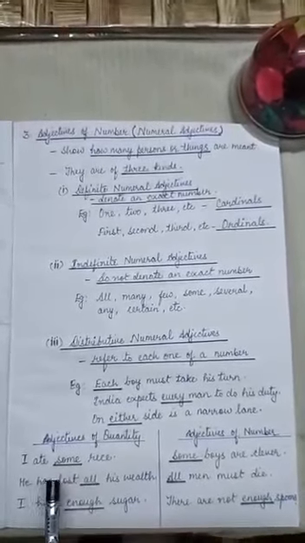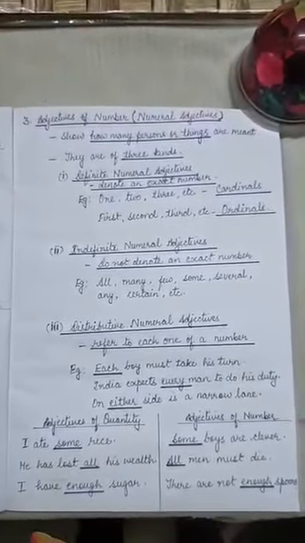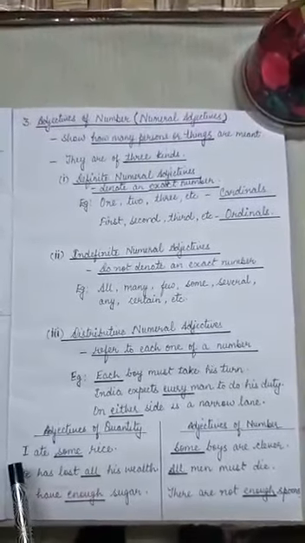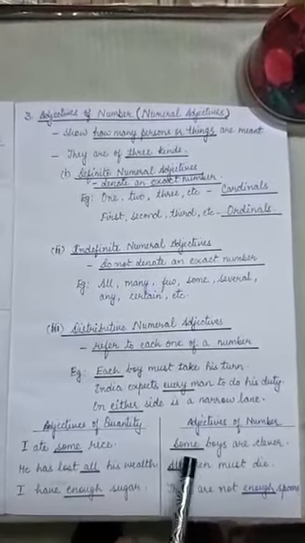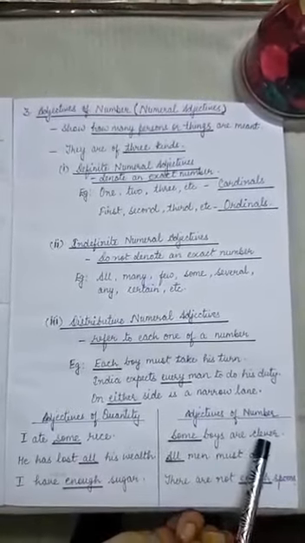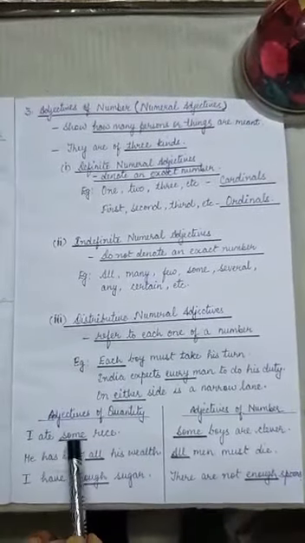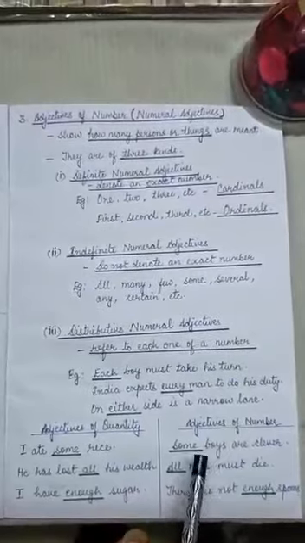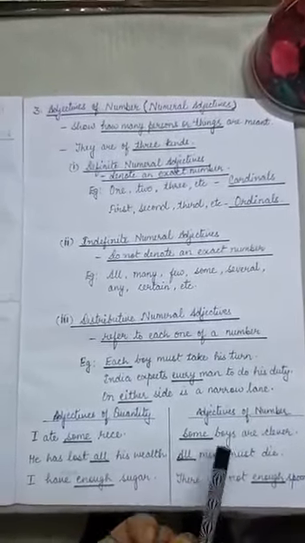So you may see that the same adjectives are used, but their sense is different according to their use. I ate some rice. Some boys are clever. Now here, some is an adjective of quantity, but in this case, some is to be taken as an adjective of number. Why is it so?